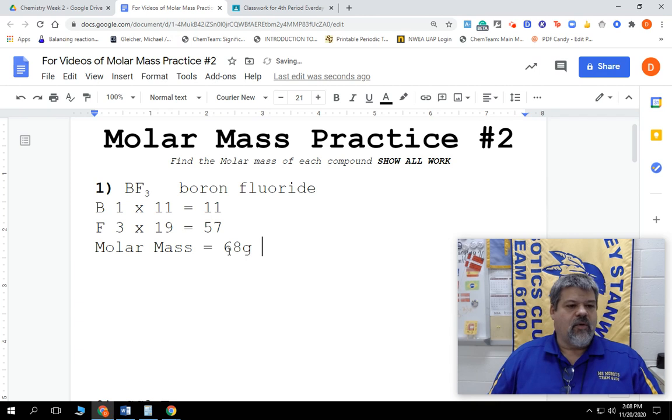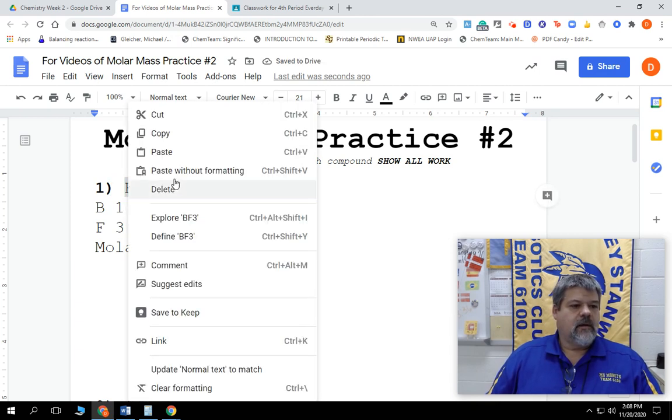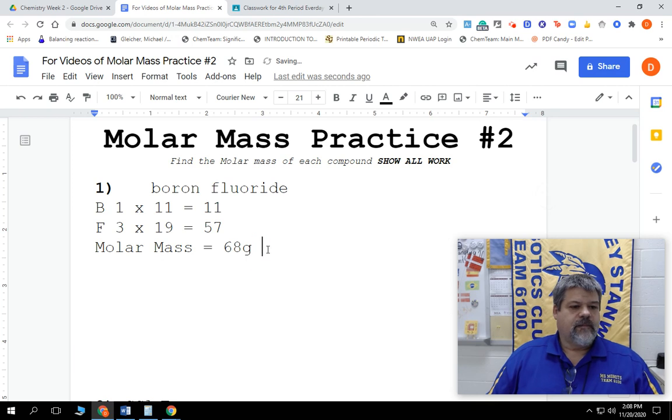The molar mass of boron fluoride is 68 grams. Again, remember, that's how many grams it takes of that compound to equal 1 mole, which is 6.022 times 10 to the 23rd molecules.